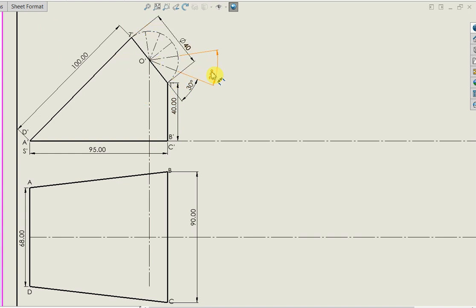Now I've divided the semicircle into 6 equal parts. Next, I'm going to project these points to meet this line right here, and it must be perpendicular to that line. So these are the points I'm projecting.